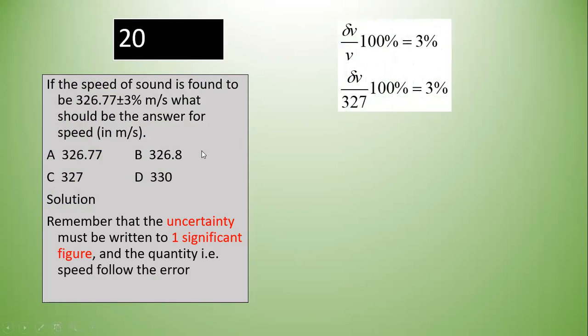So percentage is given as 3%. You must be able to read delta V over V times 100 is 3%. Delta V, well, you can round it off, it doesn't matter. 327 times 100. Because 3% is quite high, we take 3% of this one. You don't need to worry about the decimal place already. You can use the real number if you want to. It doesn't change much.